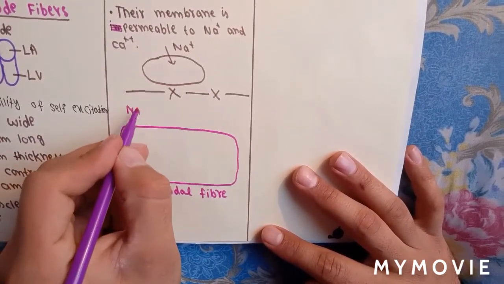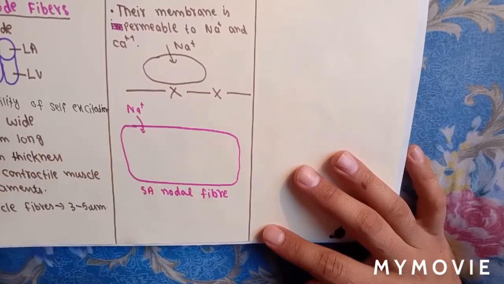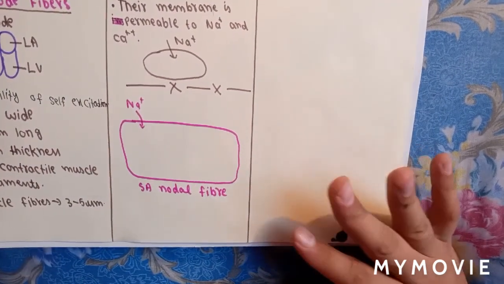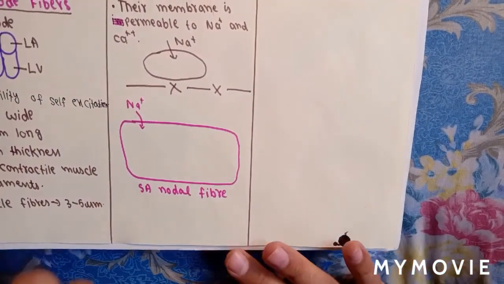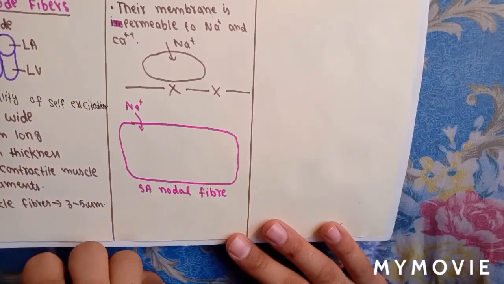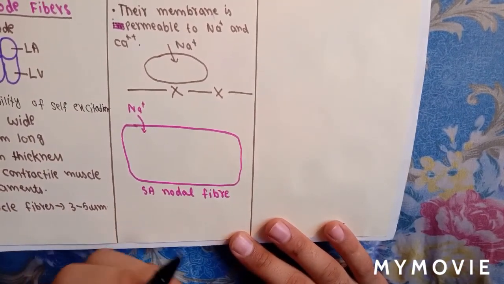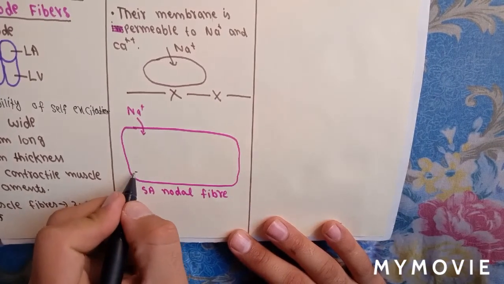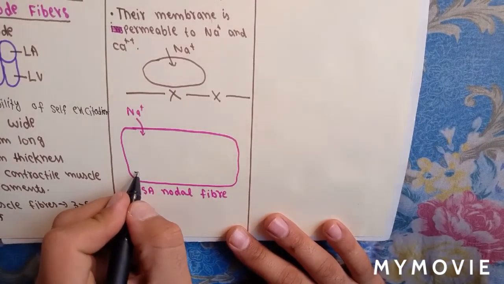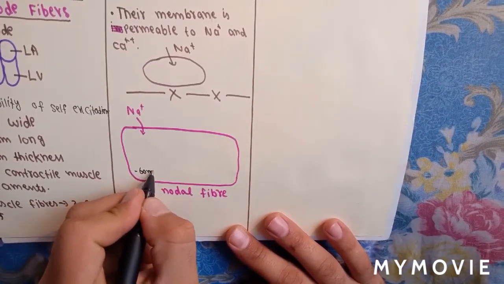Sodium ion moves inside the cell. So actually its potential is not minus 85 or minus 90, but it is about minus 60 millivolt.